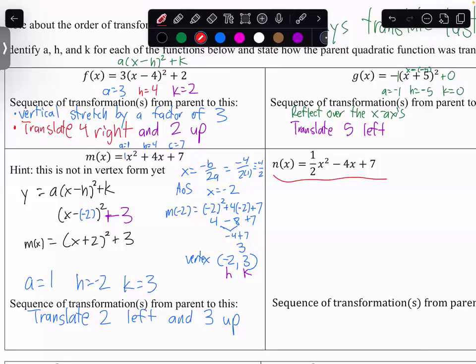Well, we're still on A. A is 1/2, but 1/2 is between 0 and 1. So we say there's a vertical compression by 1/2.